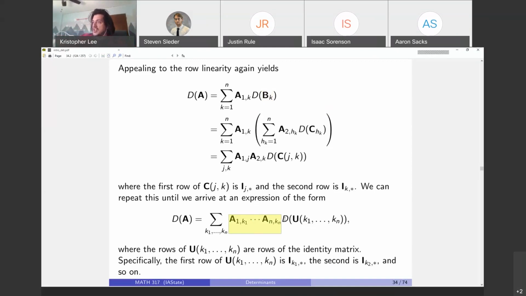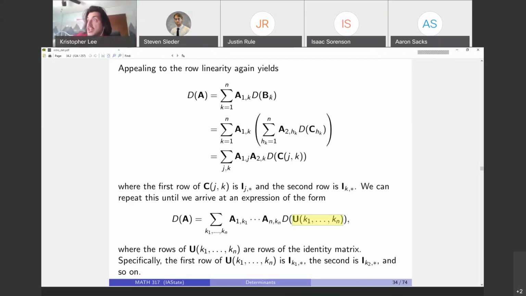So you just do this, and ultimately you get down at the end where you've pulled out all the coefficients and you're multiplying by D, evaluated at these matrices, where it's basically every possible permutation of the identity matrix with double counting. So it's possible in here that we're picking up matrices where we've got the identity matrix and the first row and the second row are the same thing.